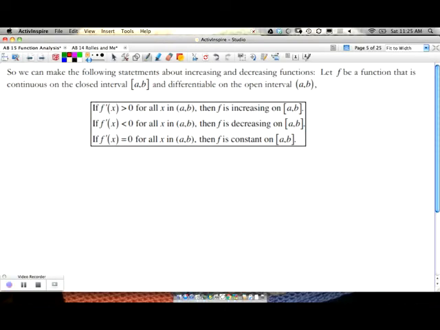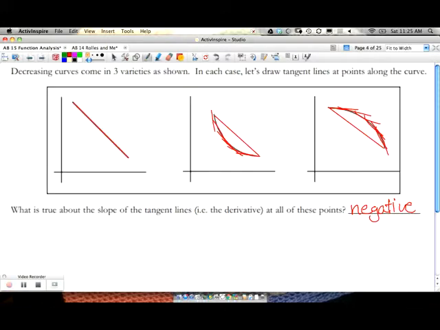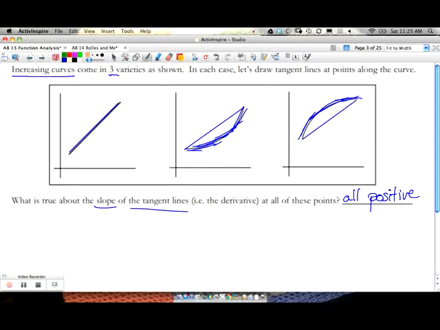Here's the key point. Here's the thing that they all have in common. If the slope is negative, that means that the derivative, f prime of x, is less than 0. And if the slope is positive, that means that the derivative, f prime of x, is greater than 0.